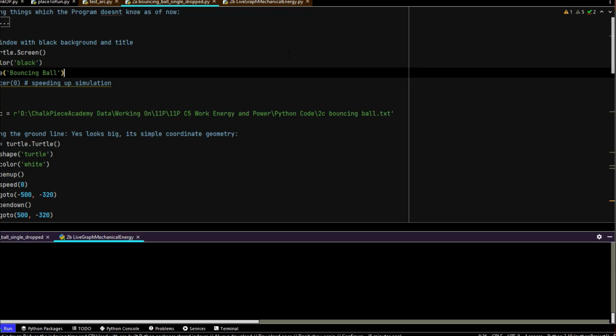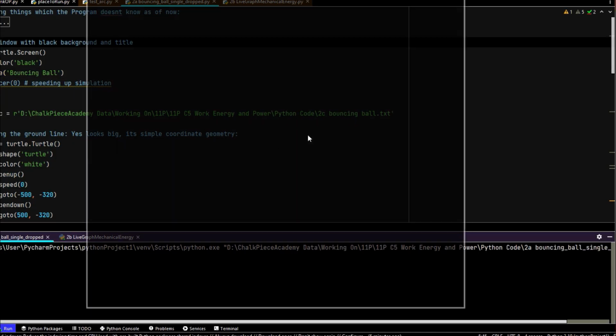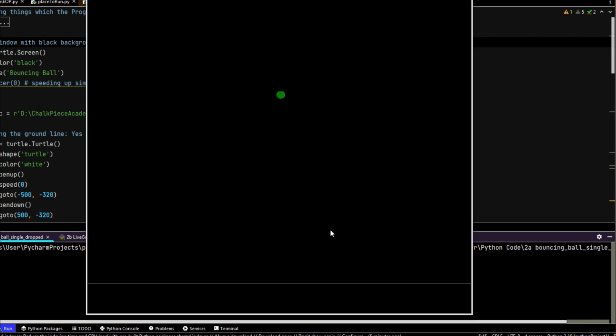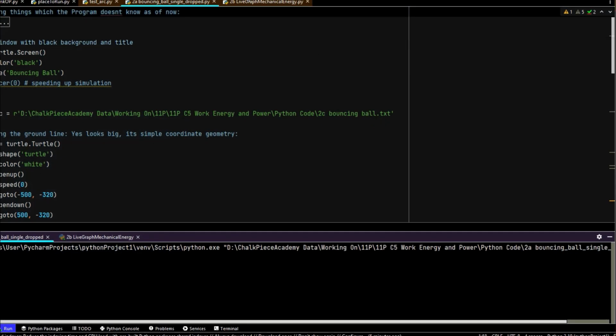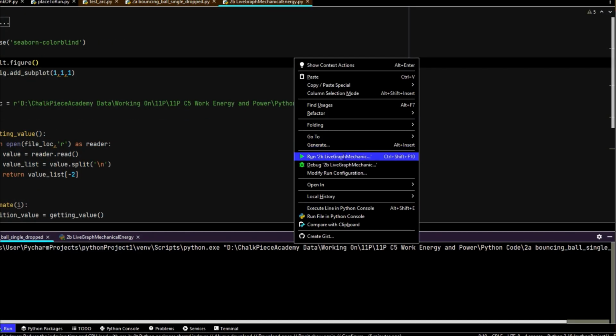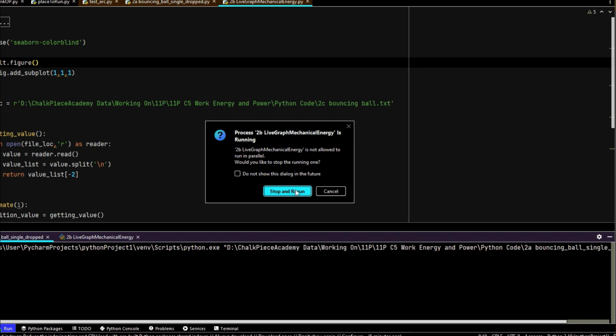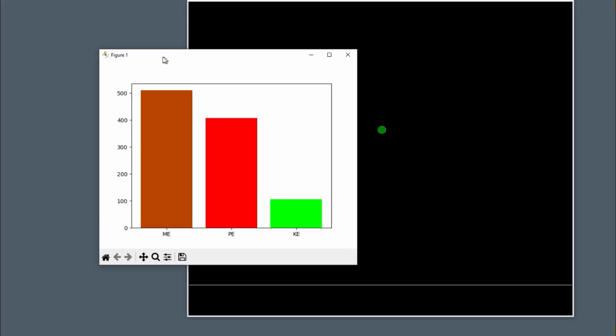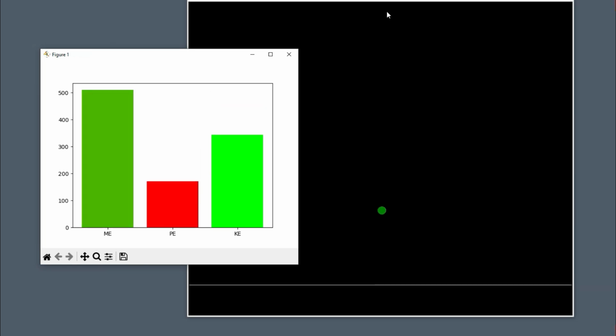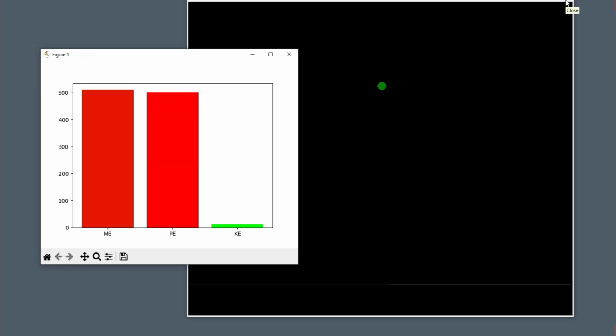I'll give you guys an example of a bouncing ball. So we have a ball bouncing, right? If we look at the potential energy and kinetic energy of the ball bouncing around, can you see that?